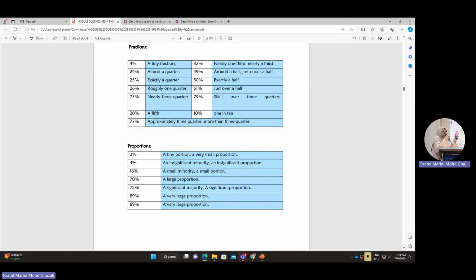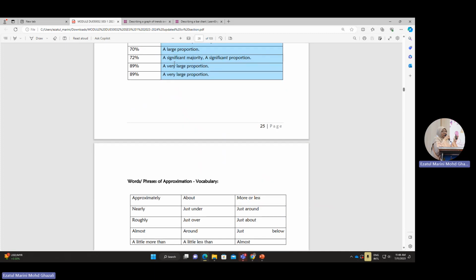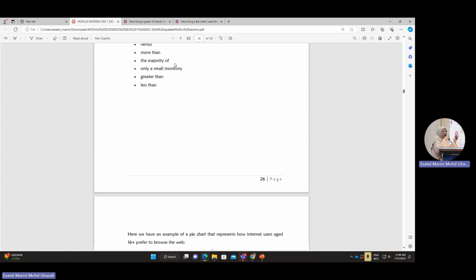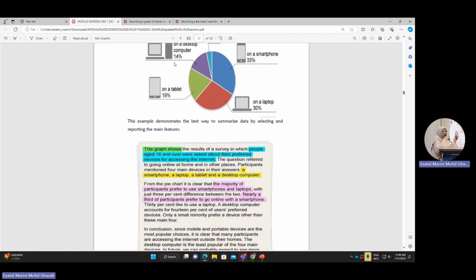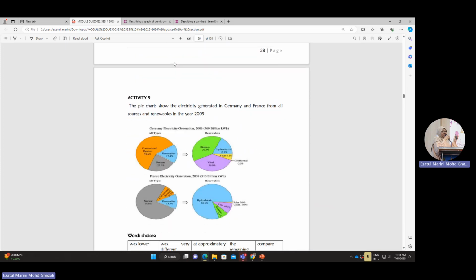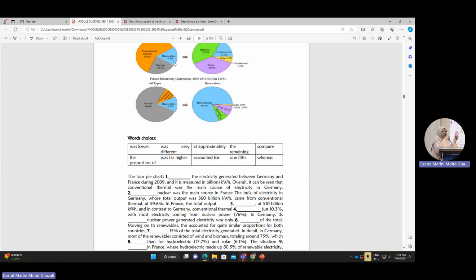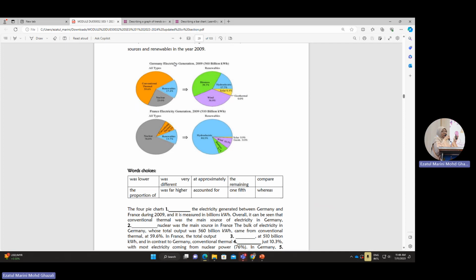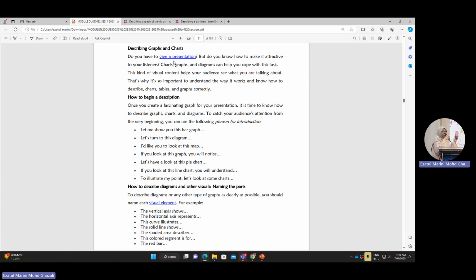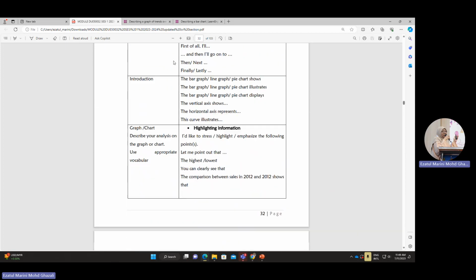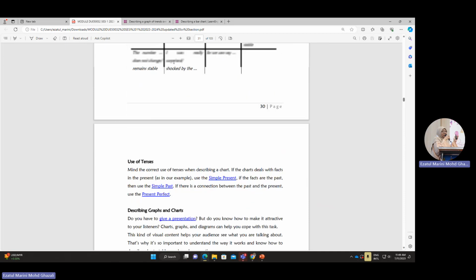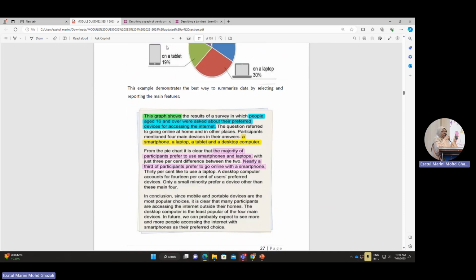Have a look at page 25 and try to understand how to describe pie charts. This is an example of describing pie charts, and you can try exercise activity 9. You may need this later when we do our assignment of describing graphs and charts.